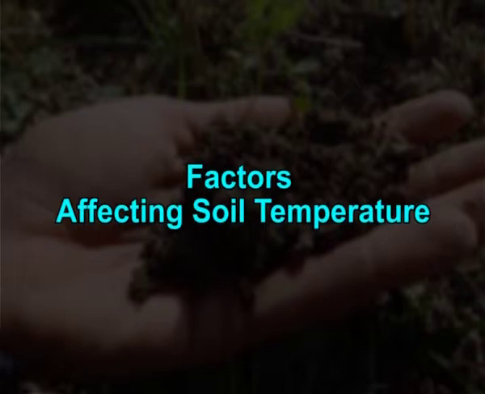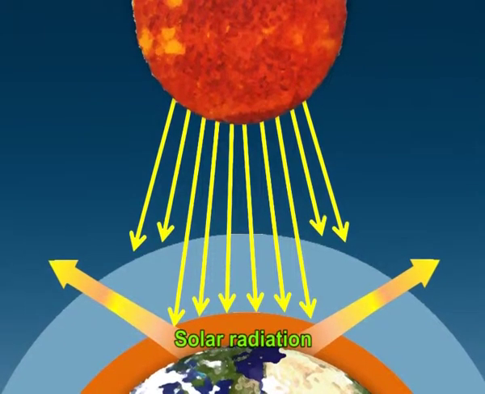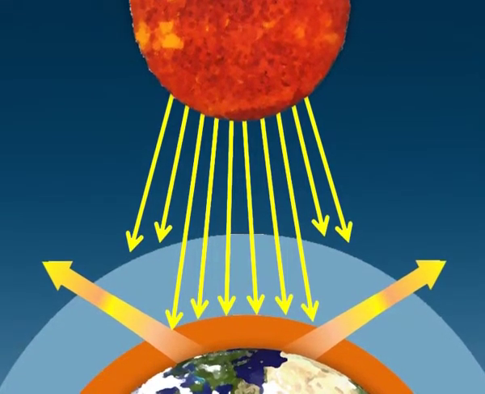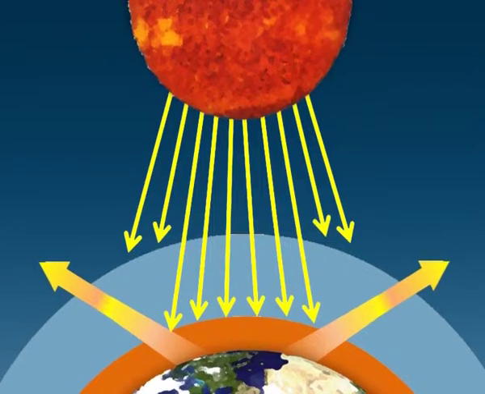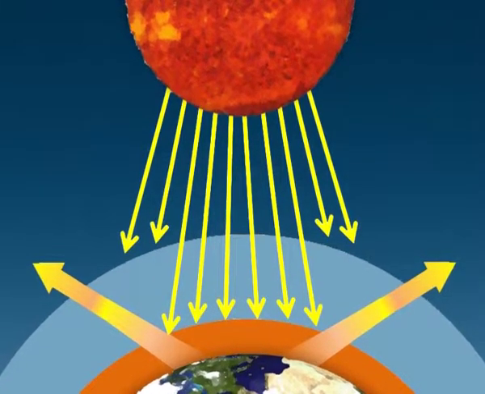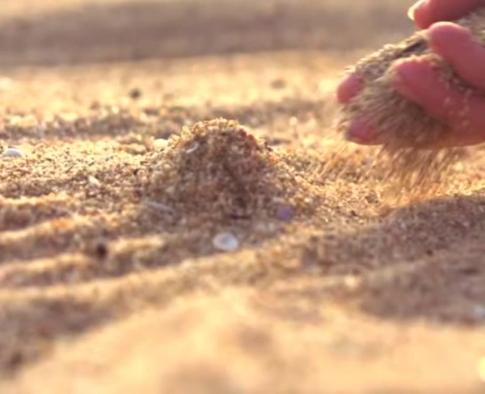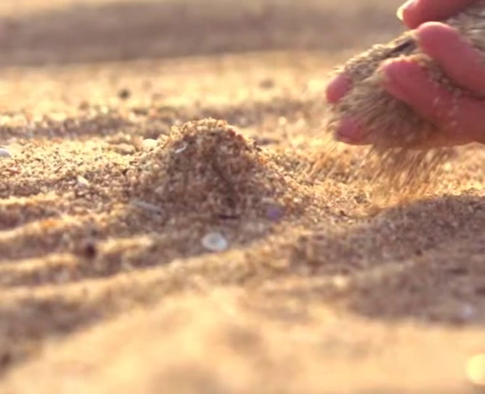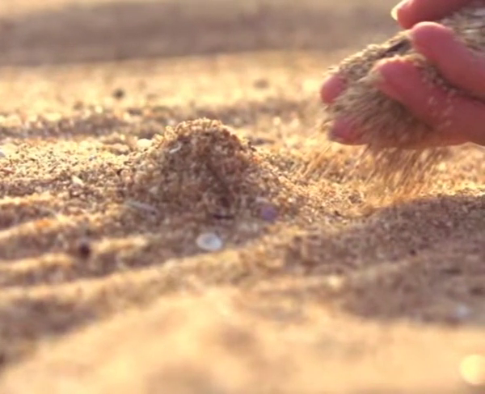Factors affecting soil temperature. Solar radiation. The amount of heat from the sun that reaches the earth is 2.0 cal per square centimeter per minute. The amount of radiation received by the soil depends on the angles with which the soil faces the sun.